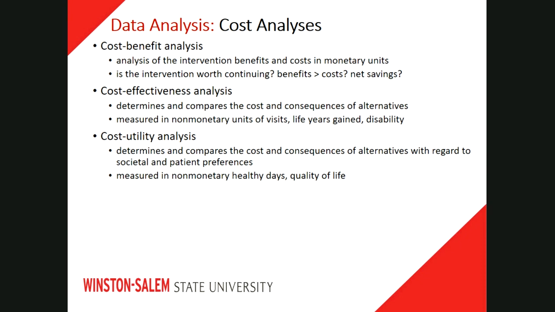Cost effectiveness determines and compares the cost and the consequences of alternatives. So even if you have an intervention that has good outcomes in the patient population, how much does it cost? And when you compare it to other interventions, is it more cost effective?